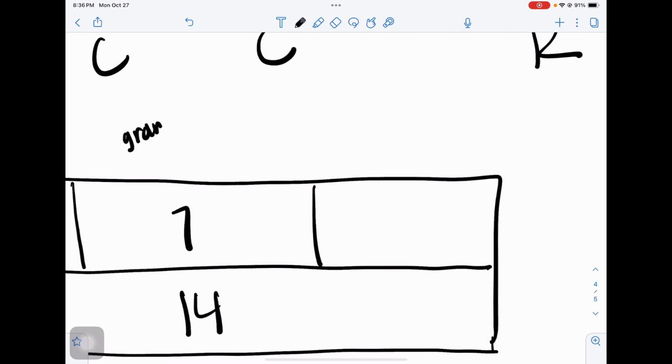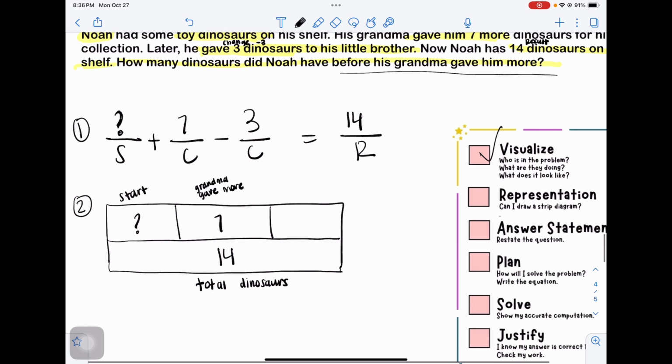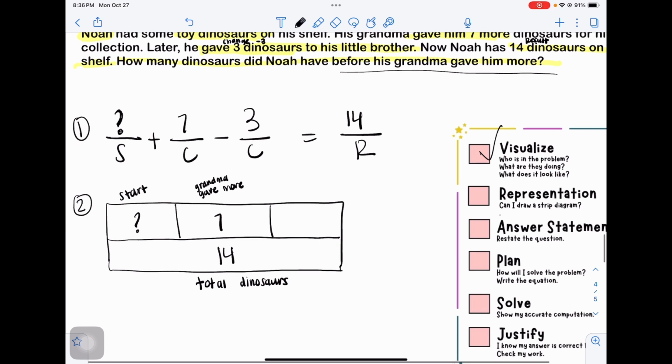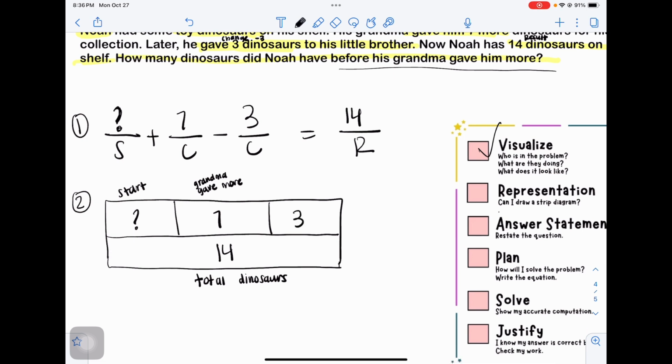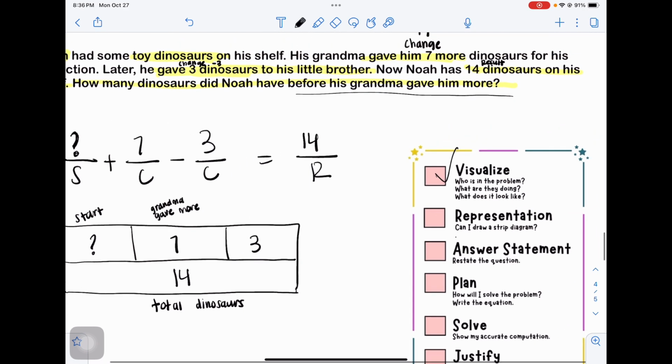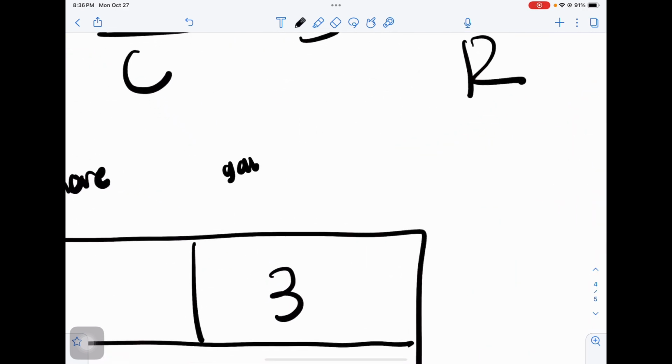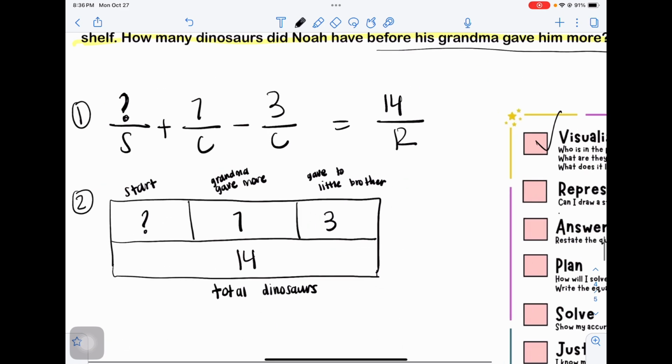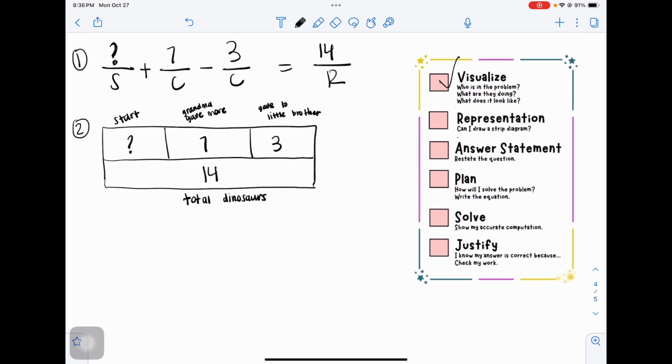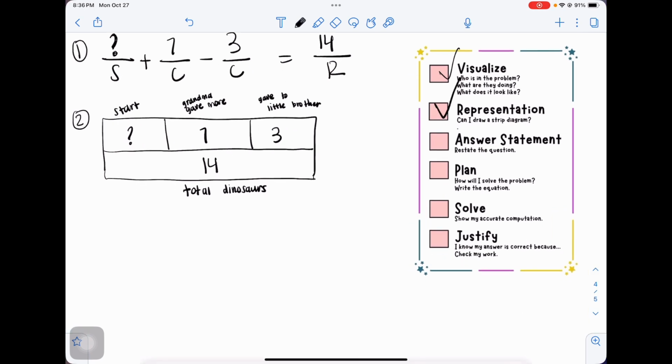Grandma gave 7 more. And then he gave 3 dinosaurs to little brother. Okay, so that is our strip diagram. The representation is done.